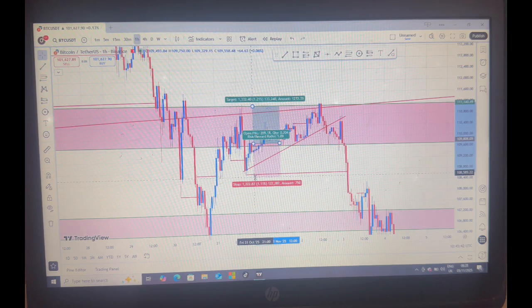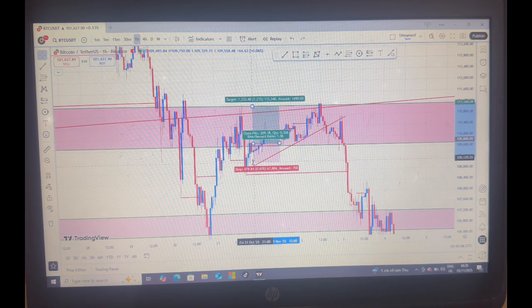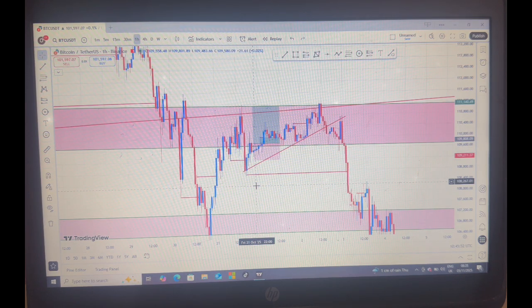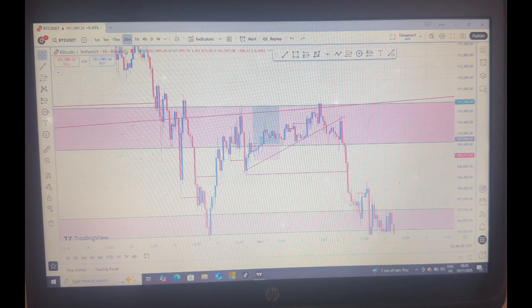And that's giving me only 1:1, so I'm just getting back what I risk. Understand? But when you go back to a lower time frame, you will know where the previous low is to place your stop loss. So let's go to the 30 minute time frame. I want us to do it time frame by time frame so we can understand very well.